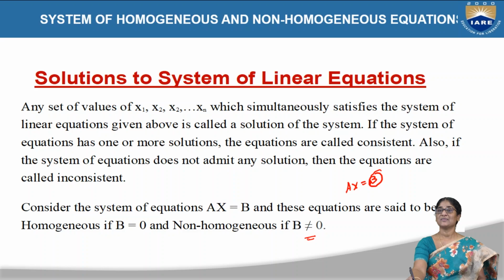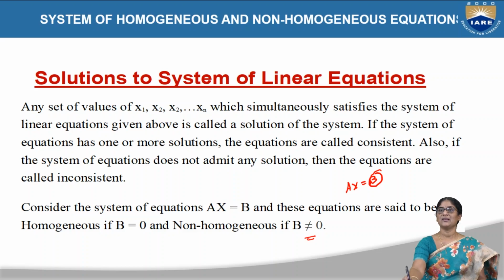They are linear since the power of each variable is 1. Whenever the power of each variable is 1 throughout the equation, they are called linear equations. When this constant matrix equals 0, we call it homogeneous equations. You all know that in homogeneous equations, the power of each variable in each term is equal.